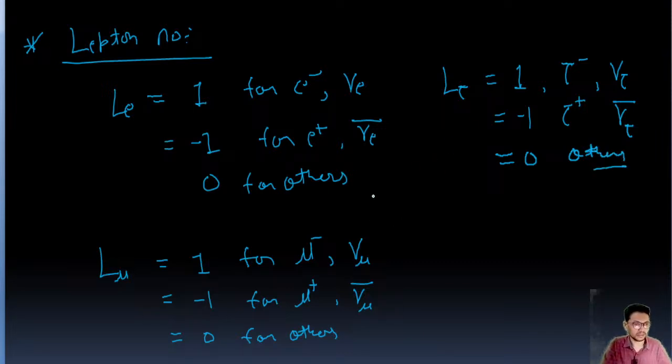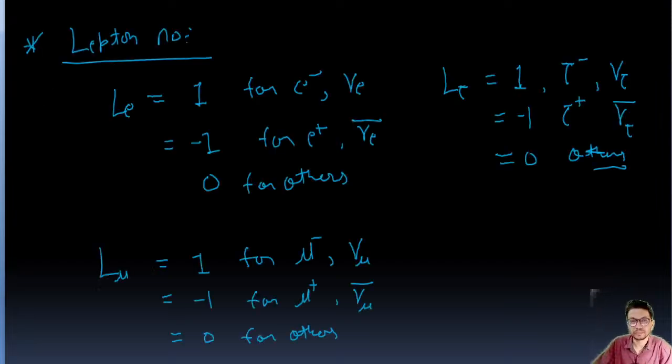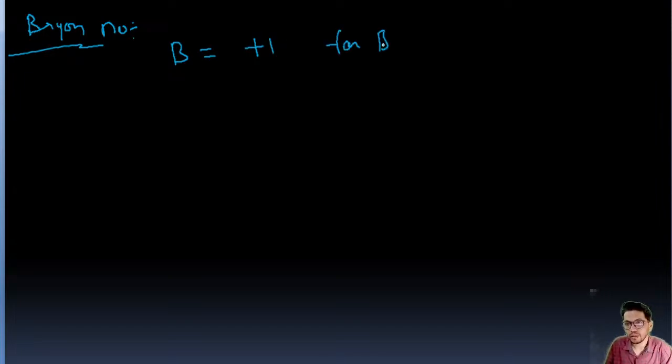Next is baryon number, guys. Baryon number is denoted by B, and that is +1 for all baryons, guys.